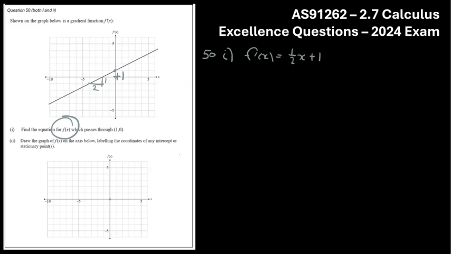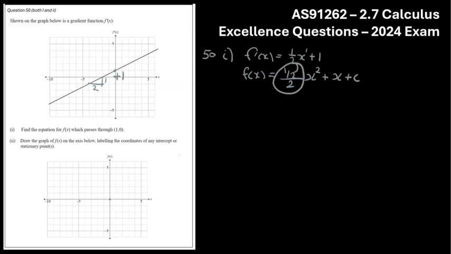As I'm finding f(x), I need to integrate this function. The integration is going to be a bit annoying because of that fraction. But f(x) is going to be equal to, remember, your coefficient, which in this case is 1/2, divided by your power plus 1. We have a power of 1, so 1 plus 1 is 2, times x squared. 1 will integrate to x, and then we've got our usual plus c for integration.